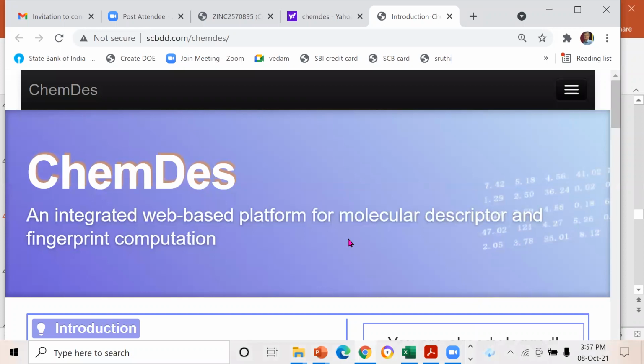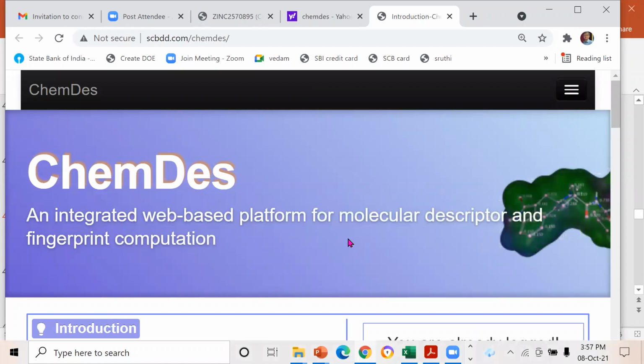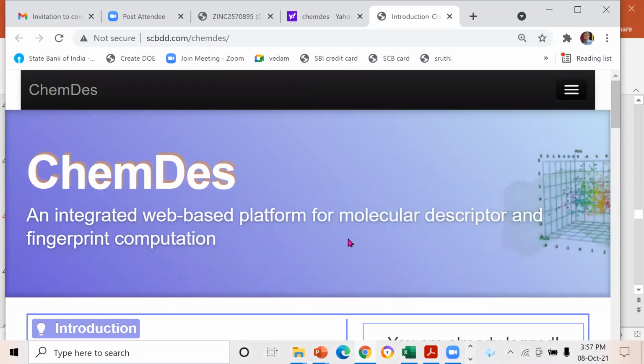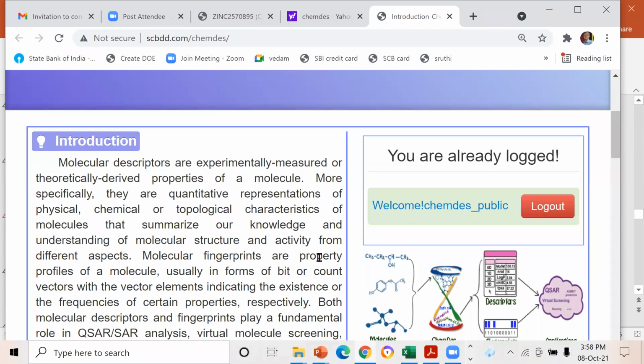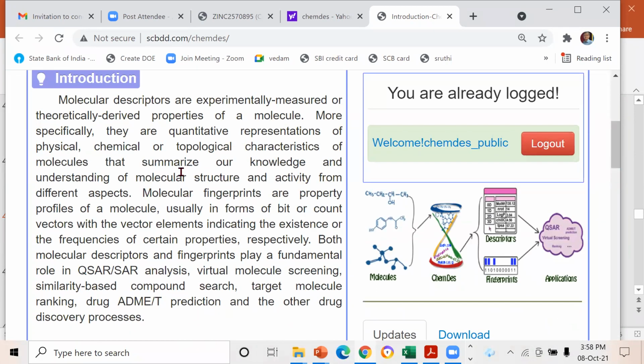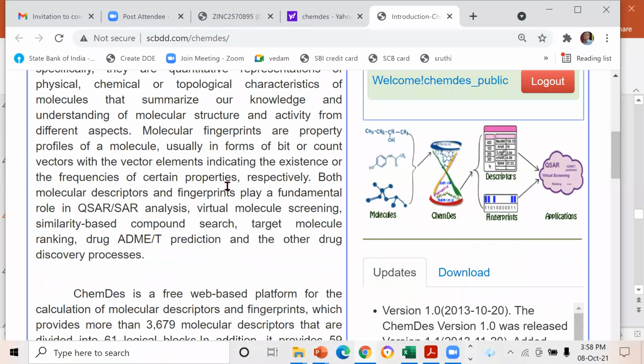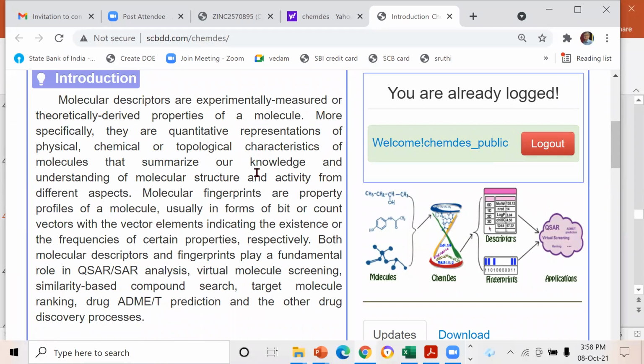It calculates a lot of descriptors, almost 3,000 plus. Molecular descriptors are derived properties. Basically they are physical, chemical, topological, molecular.